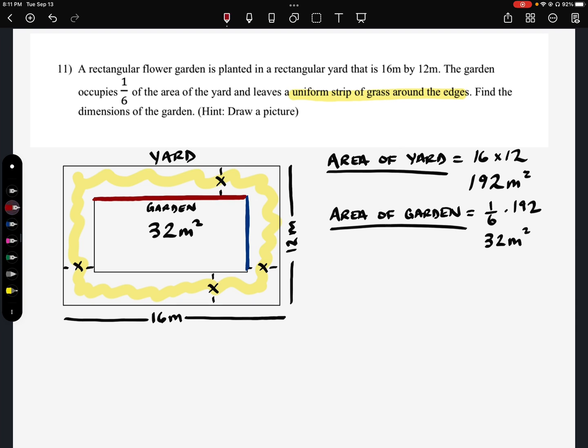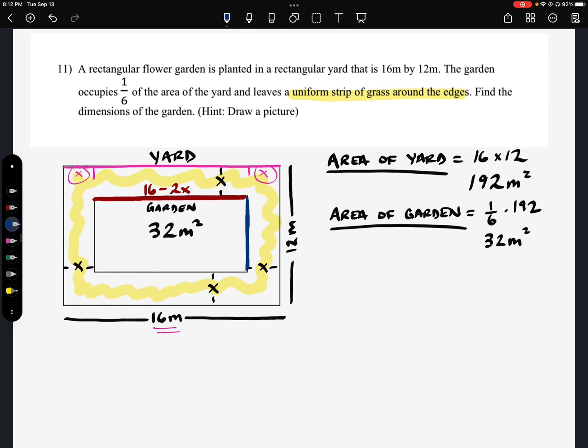If this entire distance along the top is 16, because it matches what we have on the bottom, but I'm going to have to cut off an x here and an x there. If the whole thing was 16 and I have to take off this part and this part, we can say that the length of this would have to be 16 minus 2 x's.